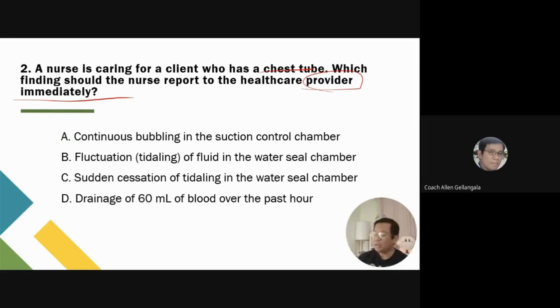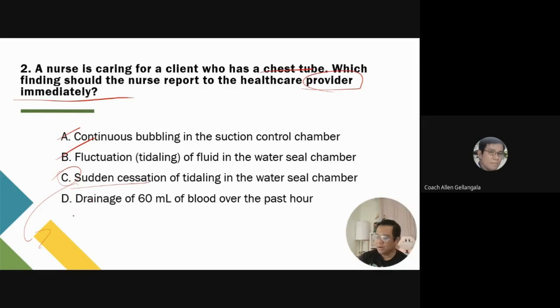So that goes hand in hand with B. Between C and D, a cessation of tidalling versus a drainage of 60 ml over the past hour, we would go with C.